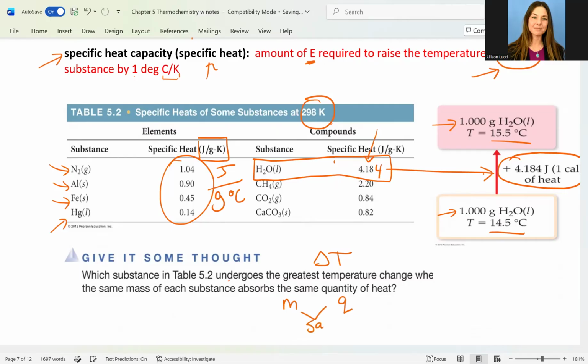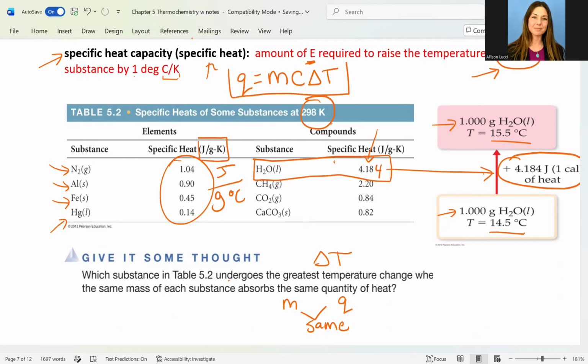These are the same values for either substance that we're comparing. And what we could consider is that the lower the specific heat capacity, the greater the temperature change. If we equate here, Q is equal to the mass times the specific heat capacity, C, times the change in temperature.